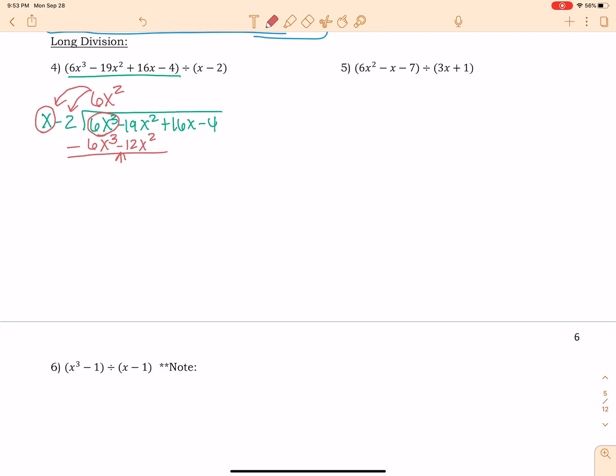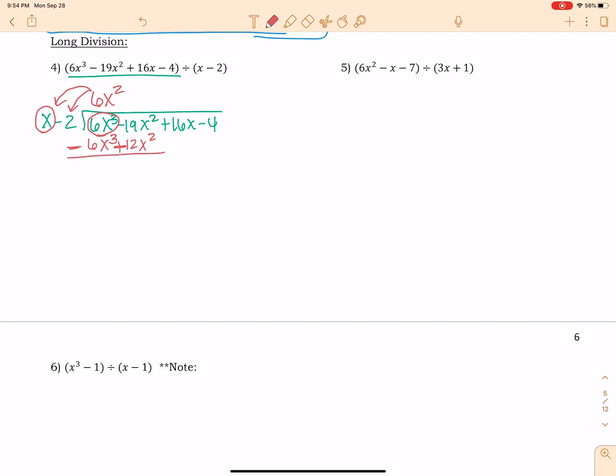So since negative 12 is negative, that means we're going to change the sign to addition because that negative gets distributed to each of the terms. That is the most important thing in long division. All right, this term 6x cubed minus 6x cubed is 0. That should happen every time. If that doesn't happen every time, if you don't get rid of that first term, you have done something wrong.